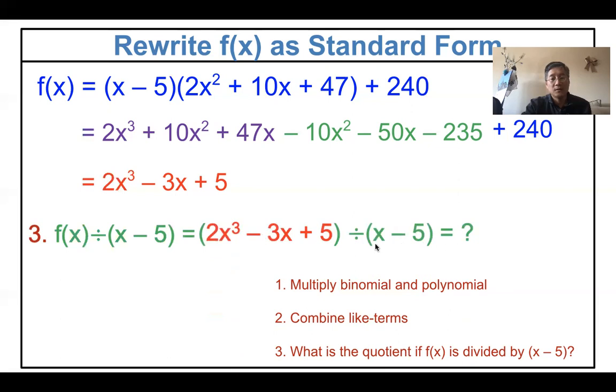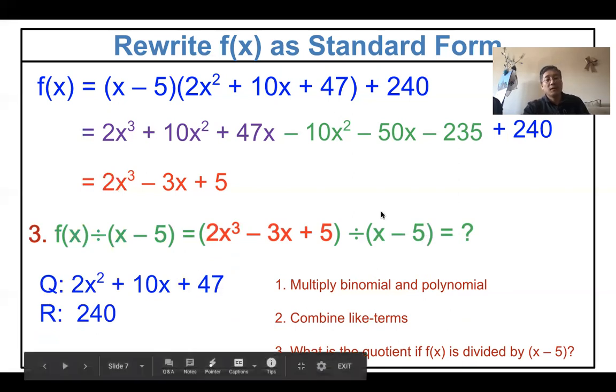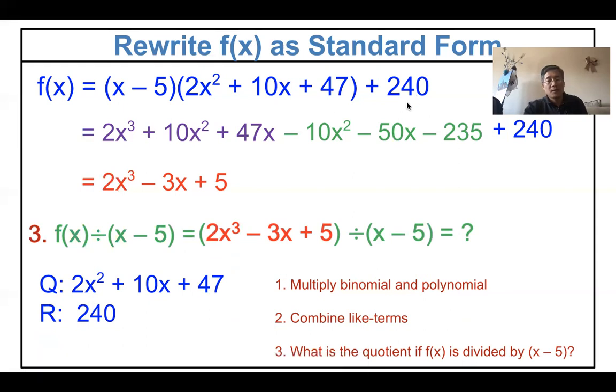So if you divide like this, you will get quotient 2x squared plus 10x plus 47, and remainder will be 240. You can use synthetic division to verify this, but I will not do this here. I wanted to relate this and this.